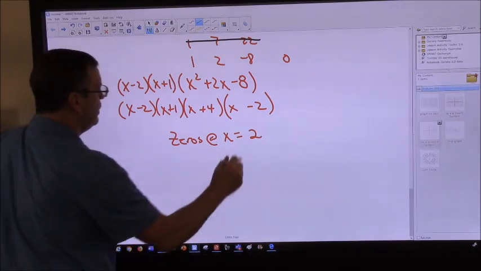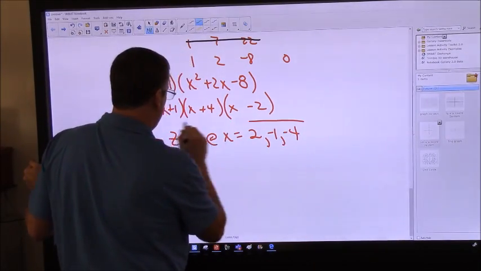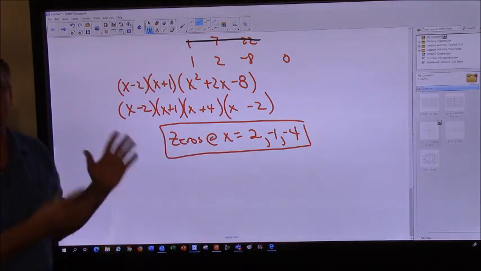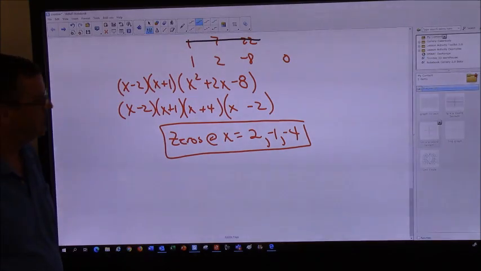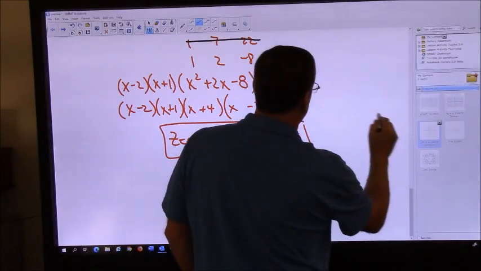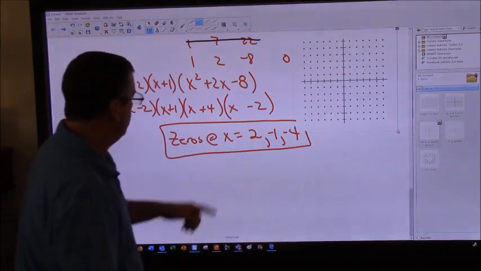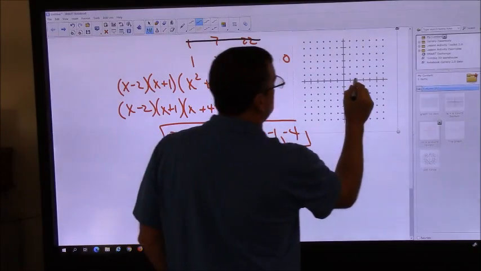And negative 1 and negative 4. There's my zeros. Now again, they didn't ask us to graph it. All we had to do was find the zeros. But if I was going to graph it, I know we're crossing the x-axis at 2, negative 1, and negative 4.